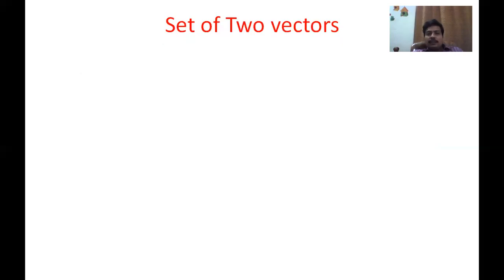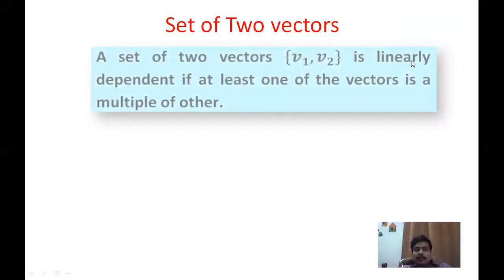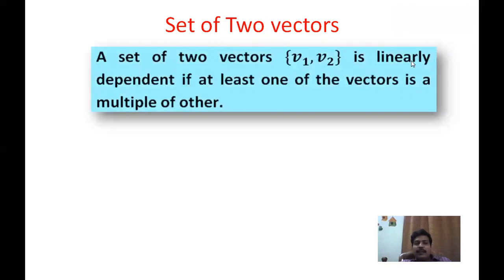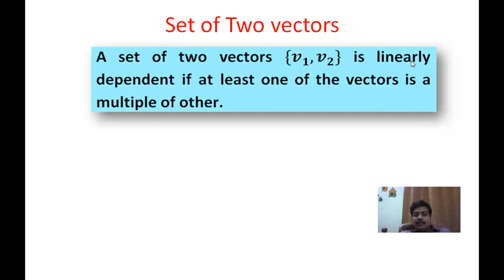Let us consider the case of two vectors, u and v. A set of two vectors u1, v1 is linearly dependent if at least one of the vectors is a multiple of the other. In the earlier case, the 5 rupee coin and 2 rupee coin, one is a multiple of the other when the real numbers are scalars.